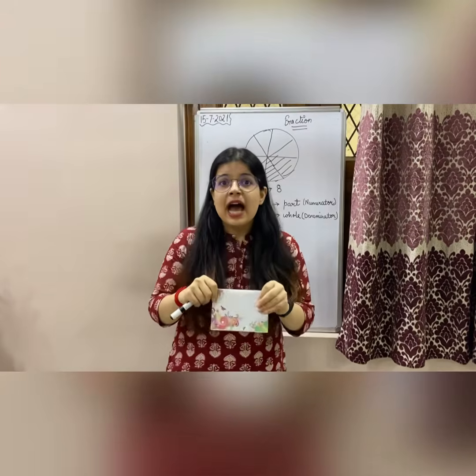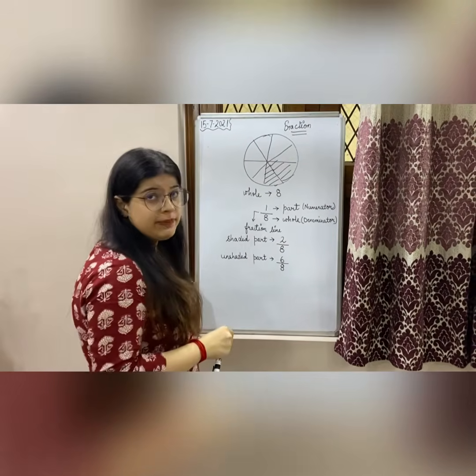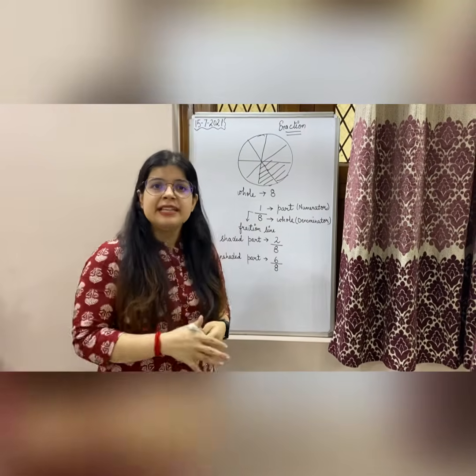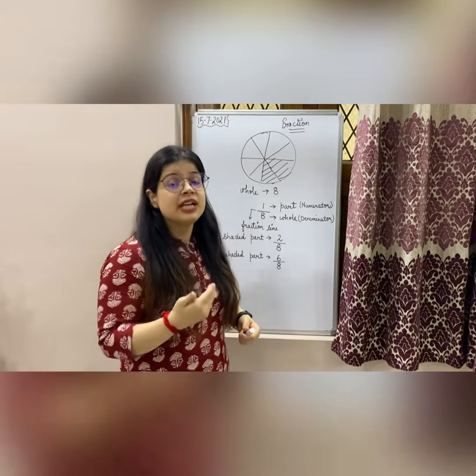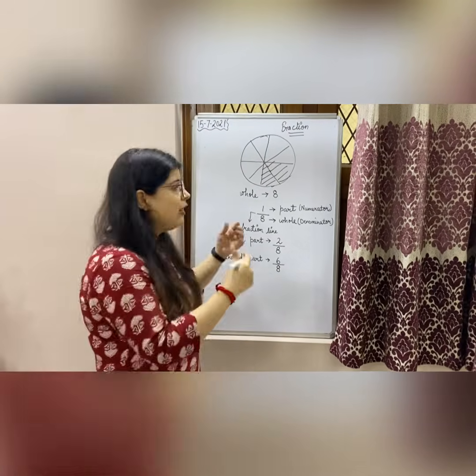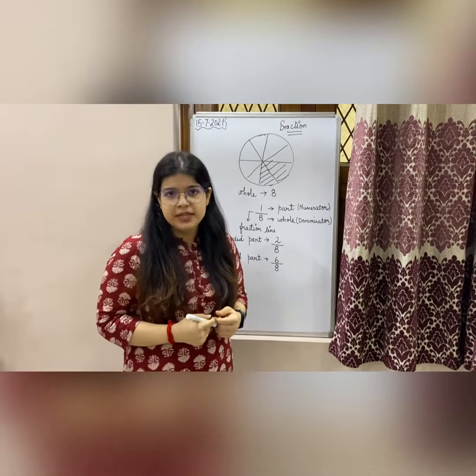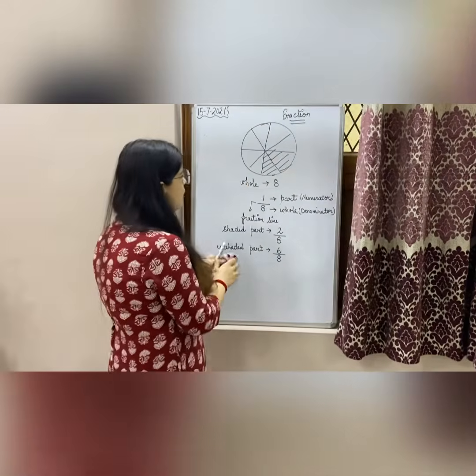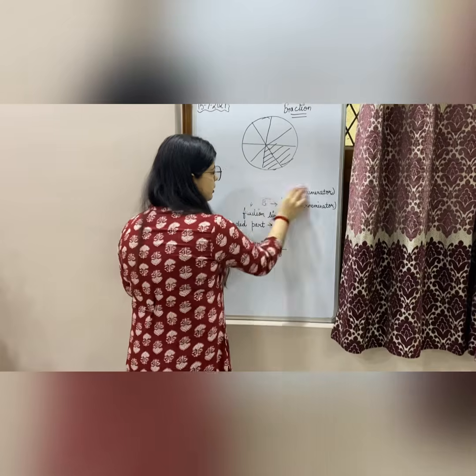Alright class, I think now it is very much clear about the shaded and the unshaded fraction. You just have to count the parts which are asked, that will come in your numerator, and whole will come in your denominator. And whole always remains the same.